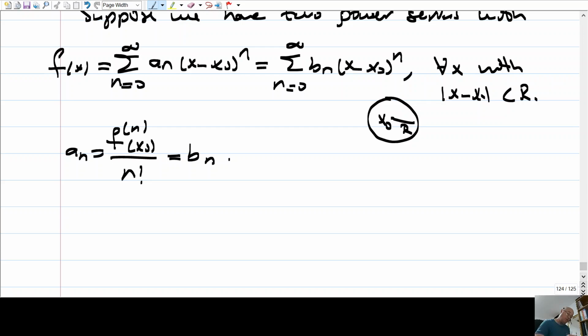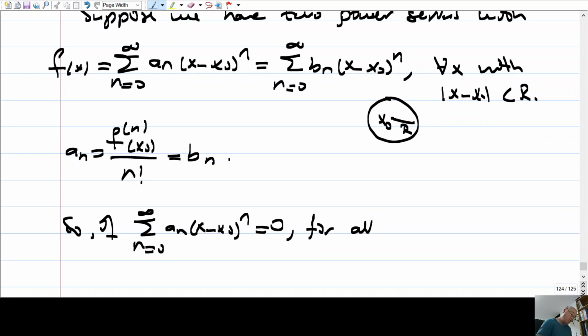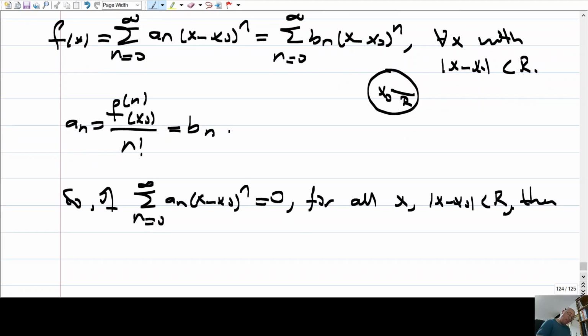This implies also the following. So if we have a power series, and if this power series is equal to 0 for all x in some open set, let's say |x - x0| < r for some x0 and r, then, well, I may regard 0 as a power series, where all the coefficients are 0.